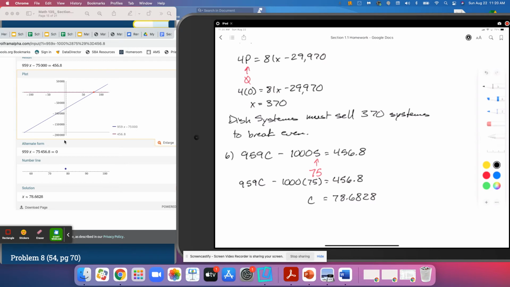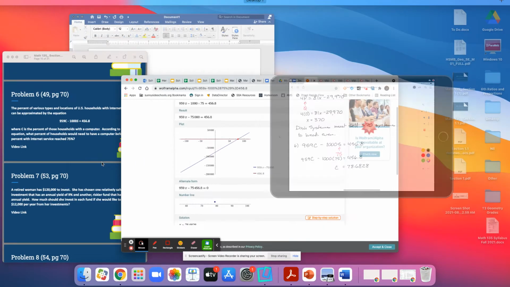And so again, as everything else, folks, these numbers in this class mean something.